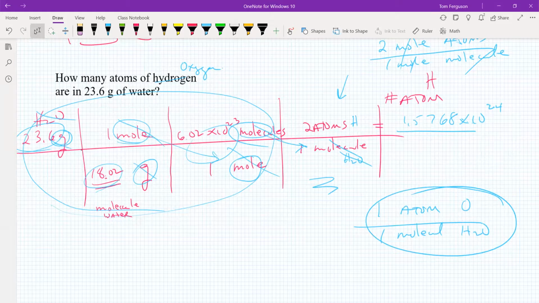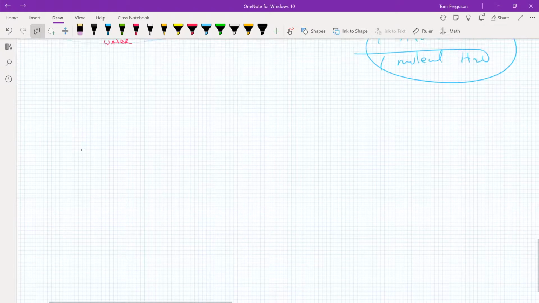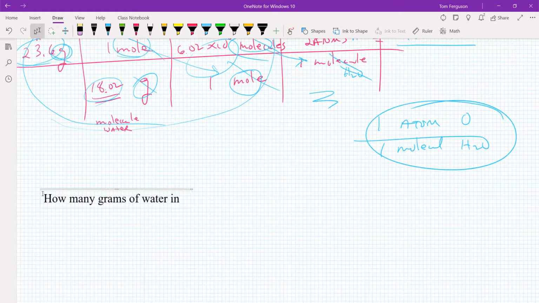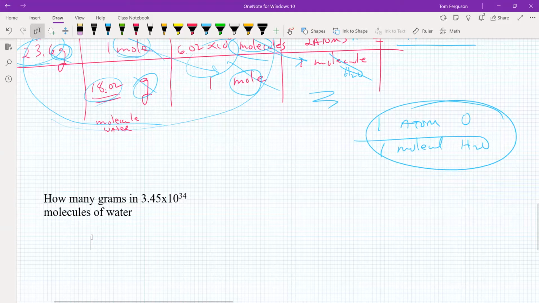Okay, I'm going to go on to yet another problem. Okay, how many grams are in 3.45 times 10 to the 34th molecules of water?